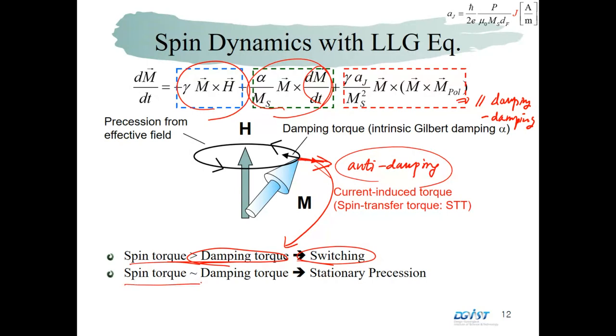And if the spin torque is comparable to the damping torque, then the damping torque is cancelled out, and they can precess forever. So we can obtain the stationary precession of the spins. That can be achieved with such a spin transfer torque idea. With the magnetic field, that cannot happen. So this STT can open a new way to manipulate the spin direction. That's very important in any devices.